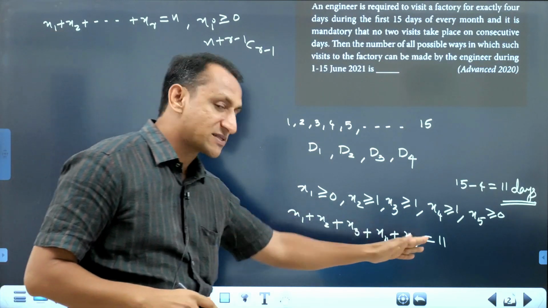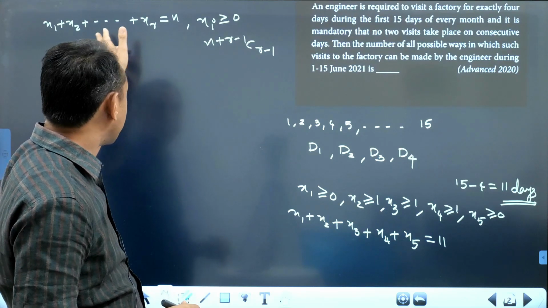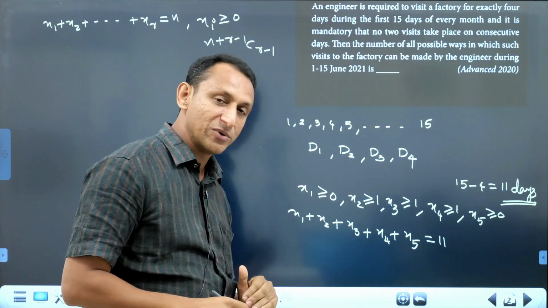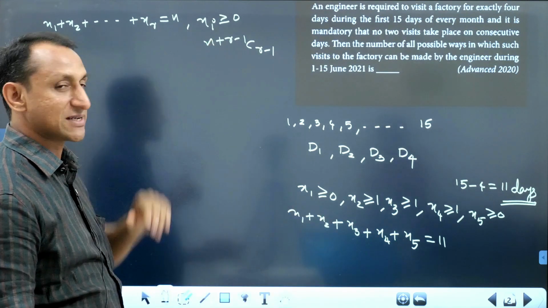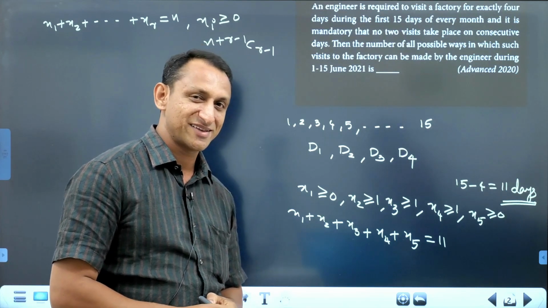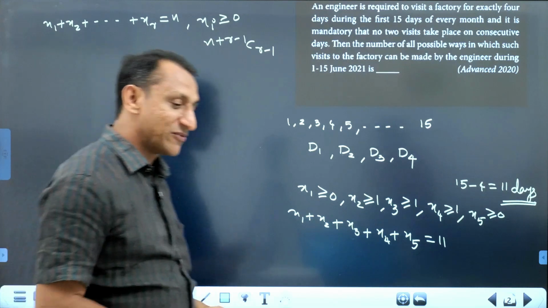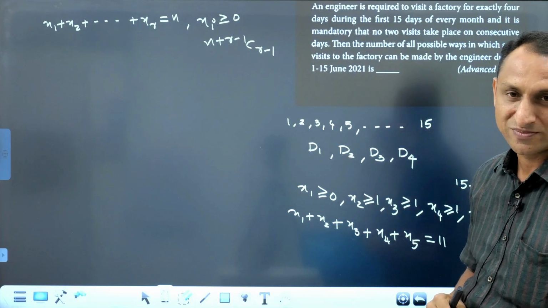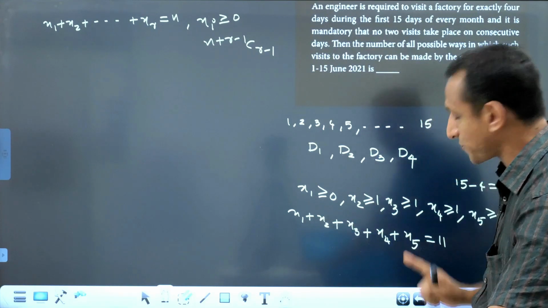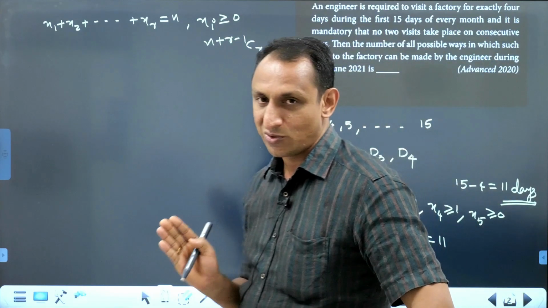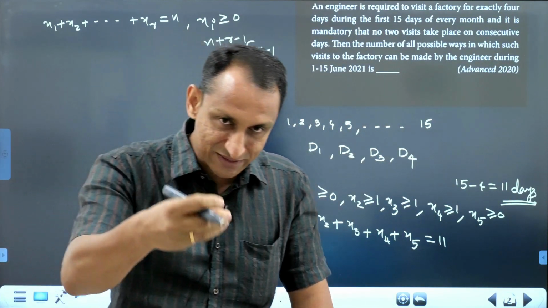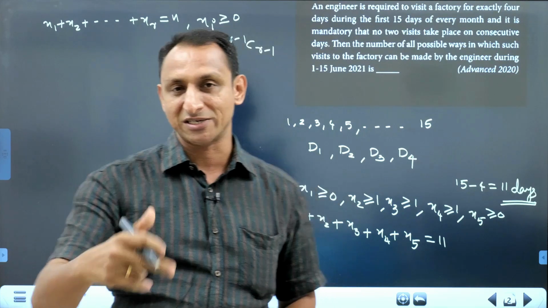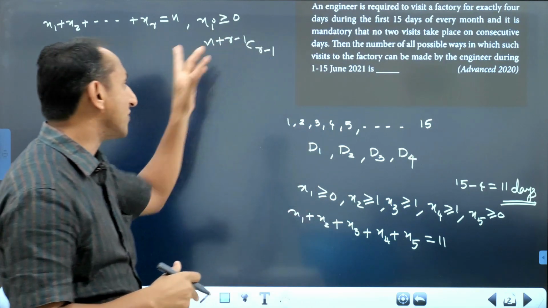Here n is 11 and r, the number of variables, is 5, but we cannot use this result directly. Why? This result applies only when each xi is greater than or equal to 0. Here x1 and x5 are greater than or equal to 0, but the other 3 variables are greater than or equal to 1. This we convert into greater than or equal to 0, after that we apply this result.